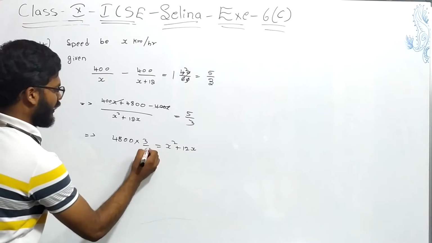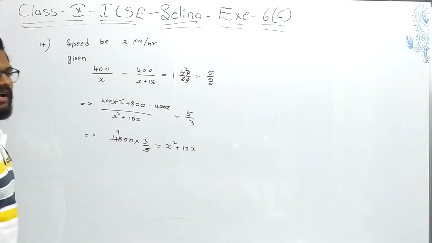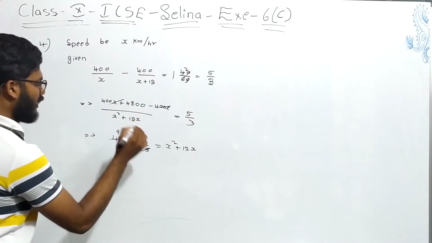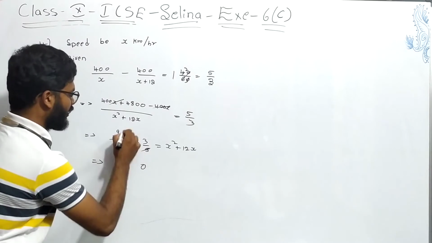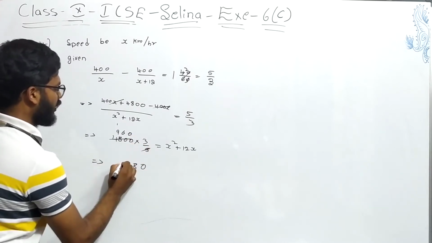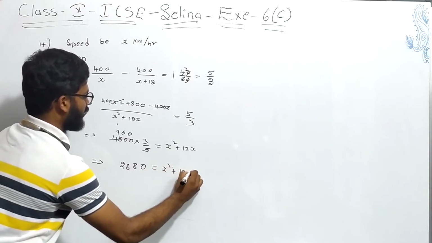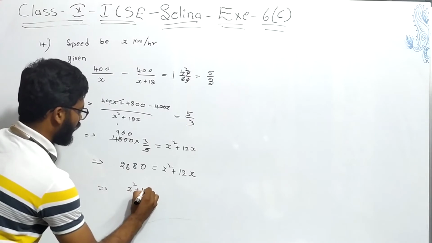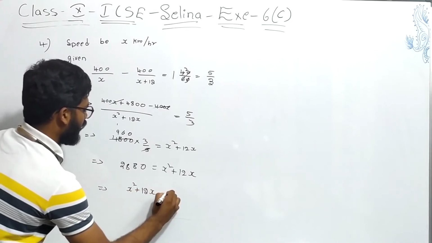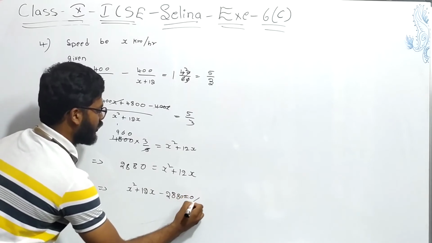So if I divide it, 960 into 3, 3 0s are 0, 3 6s are 18, 3 9s are 27. So 2880 is equal to x square plus 12x. Therefore, the equation is x square plus 12x minus 2880 is equal to 0.